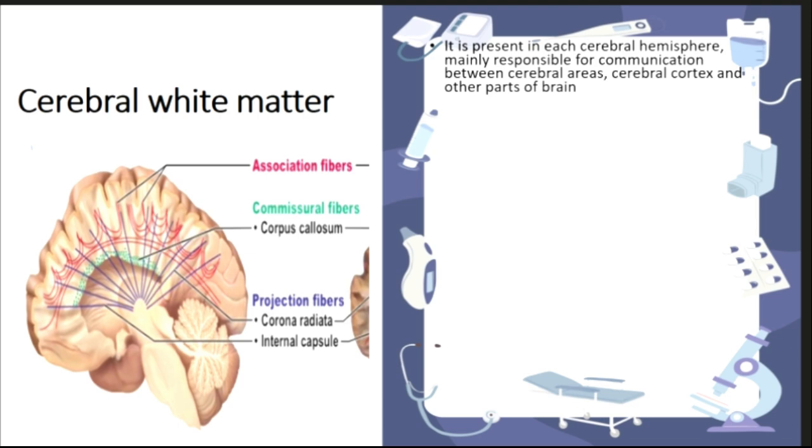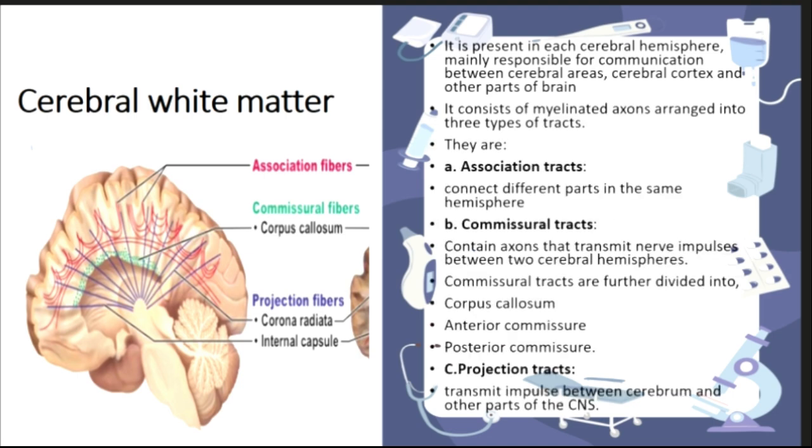The first one is the association track, then the commissural track, and projection tracks. The association track connects different parts in the same hemisphere. There may be more and more impulses in your body, right?